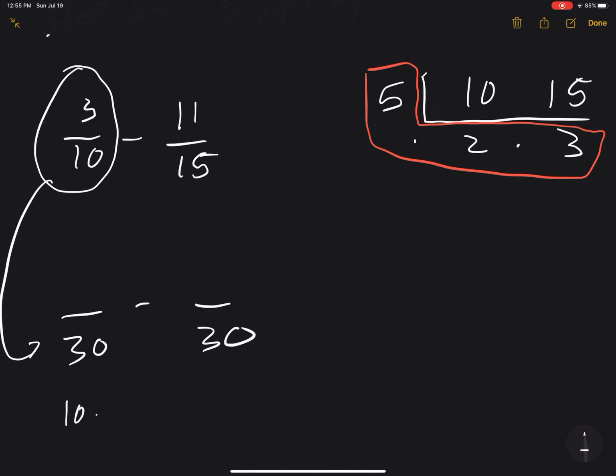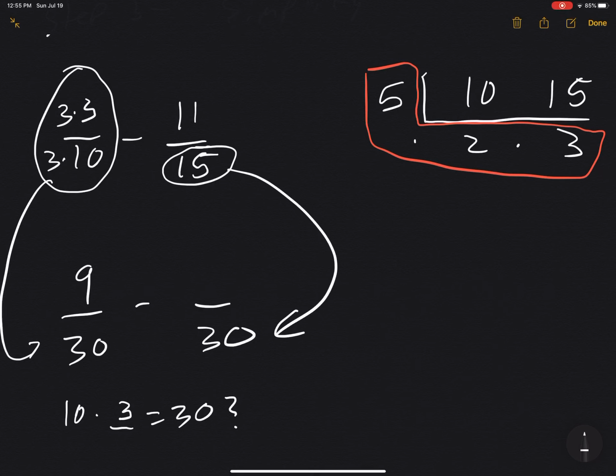Or 10 times what equals 30? 10 times 3 equals 30. Multiplying the bottom by 3, so I multiply the top by 3. 3 times 3 is 9. And then I look to the right, and I say, what do I have to multiply 15 by to get up to 30? Well, 15 times 2 is 30, so I multiply 11 times 2 as well, and I get 22.